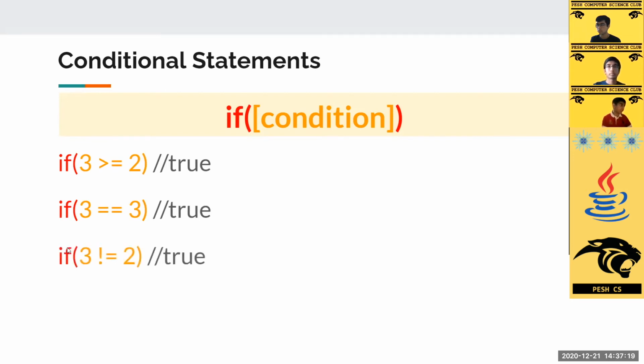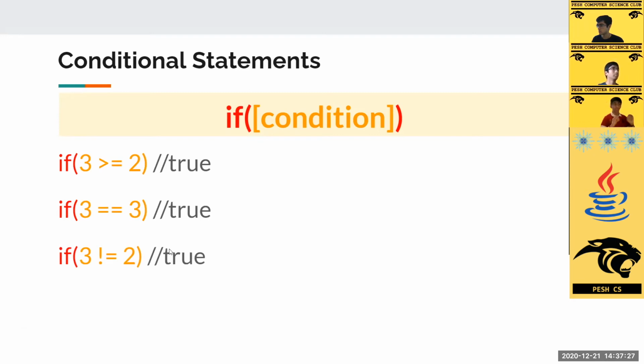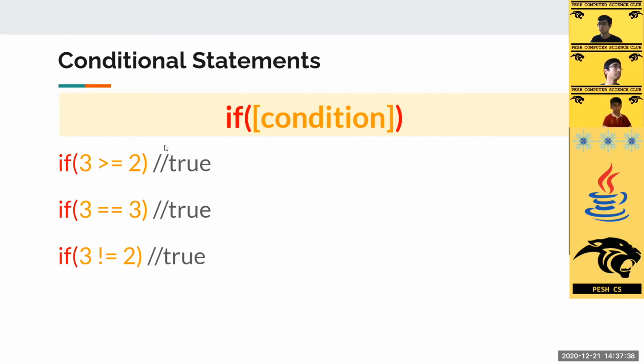If 3 is not equal to 2, meaning 3 and 2 are not the same number, this is true because 3 is not the same thing as 2. As you can see, the conditional statement will either be true or false.